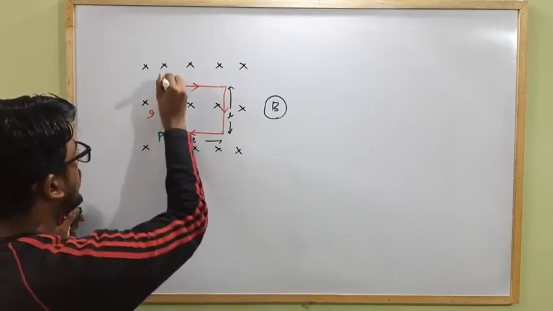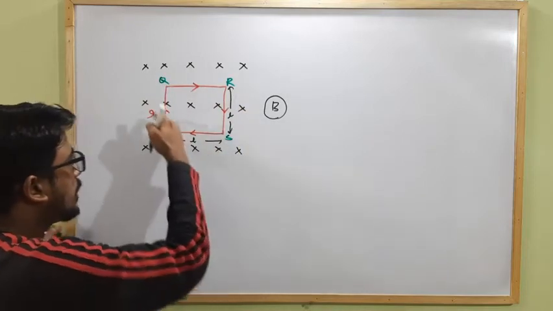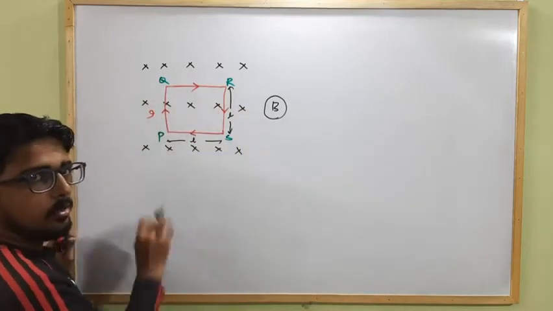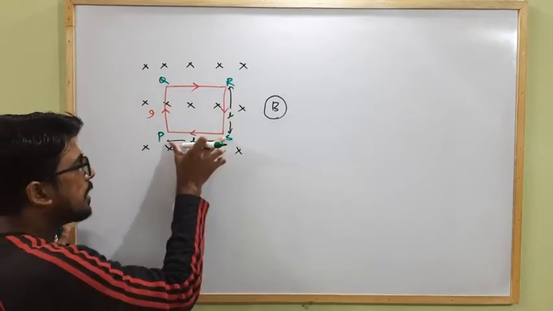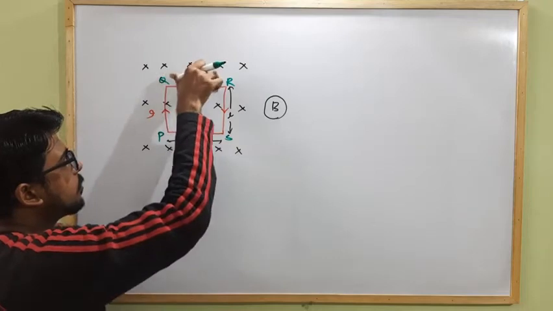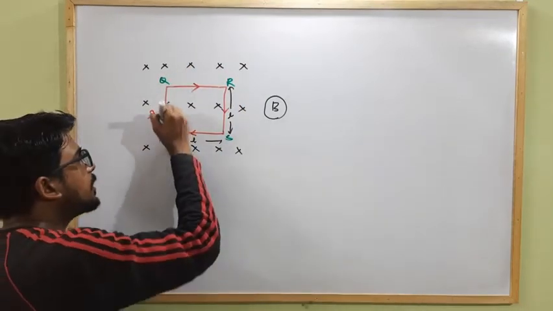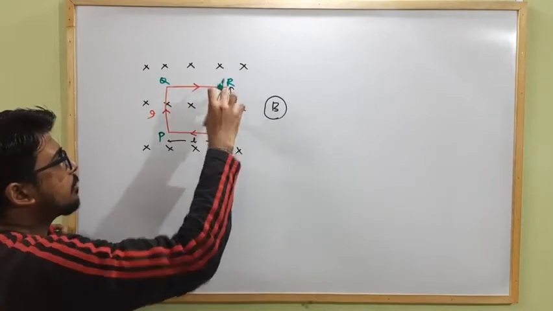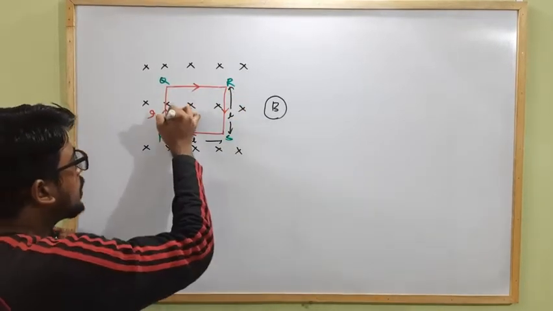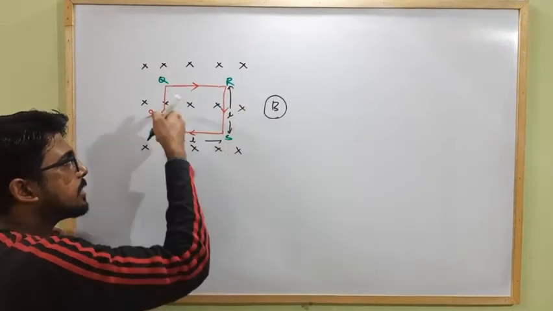Just name this as P, Q, R, S. So in this current carrying coil PQRS, we can split it into four different current carrying conductors: PS, PQ, QR and RS. If I consider the PQ conductor of length L, same as RS, the current is flowing in the upward direction and it is placed in the magnetic field of strength B acting inward.